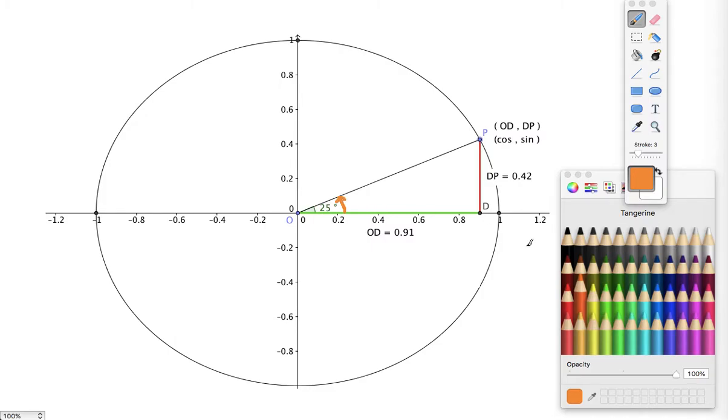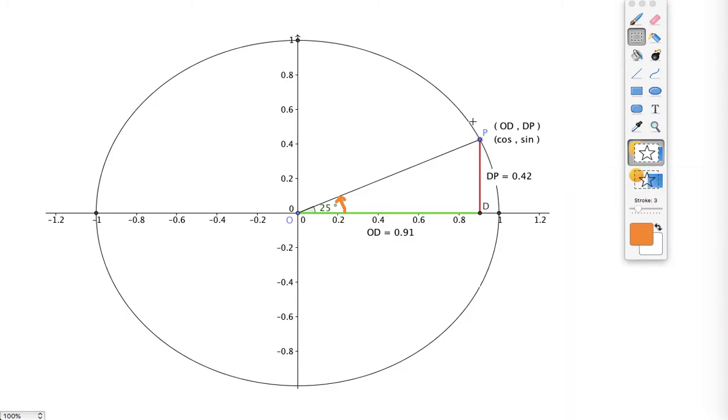If you wanted to find the y-coordinate of this point, you just type in the calculator sine of 25, and you'd get a number around 0.42. So what other angle, what other point around here would have a sine value equal to that?